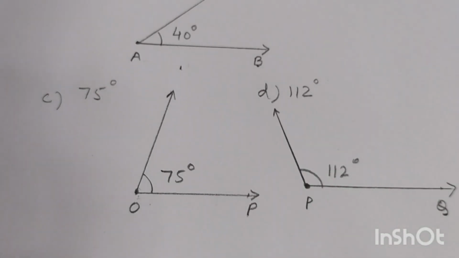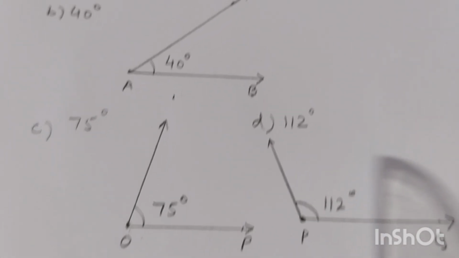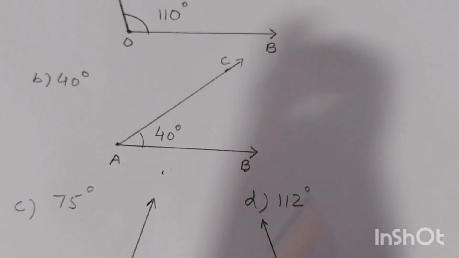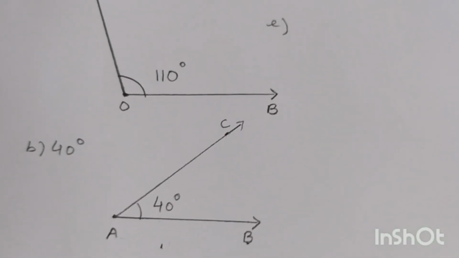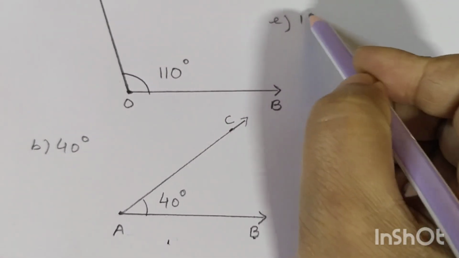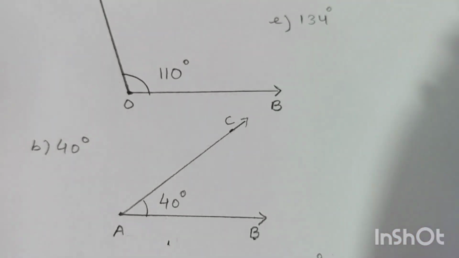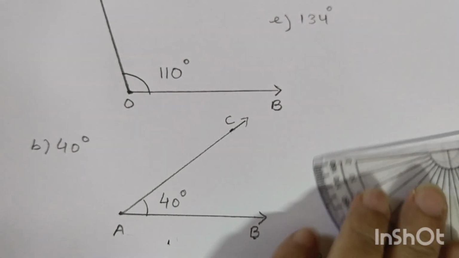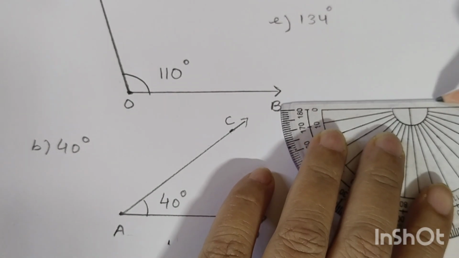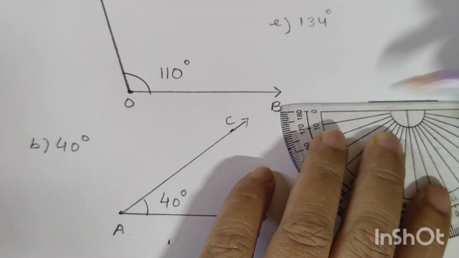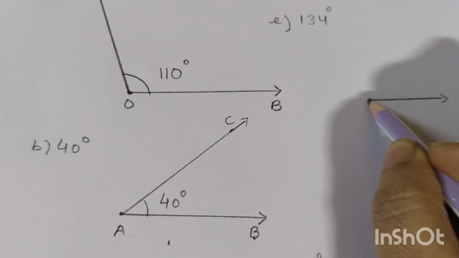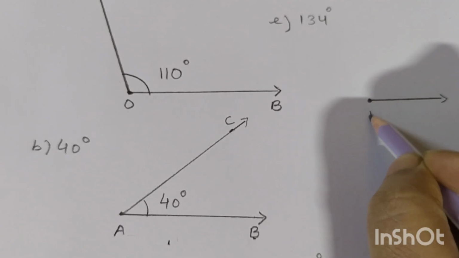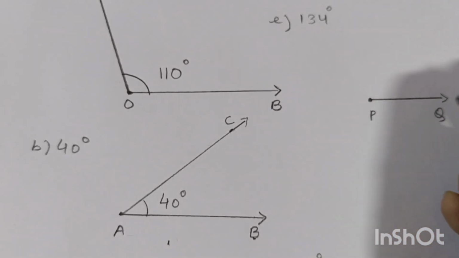Now what about the last part, 134? Now 134 I am making over here, E part, 134 degree. Again mark a line, mark a ray, name it PQ.